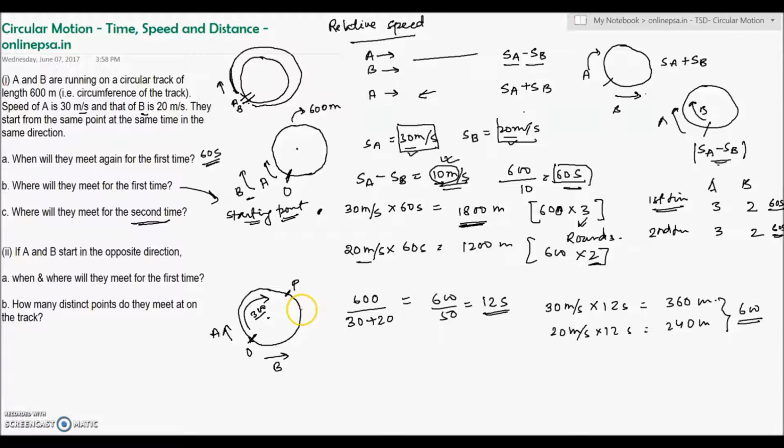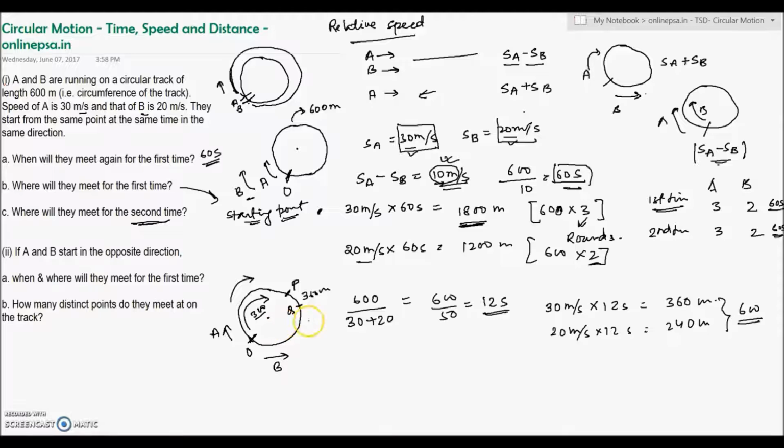A would have covered 360 meter, and if I name this point Q, OQ in the clockwise direction would be 360 meter.